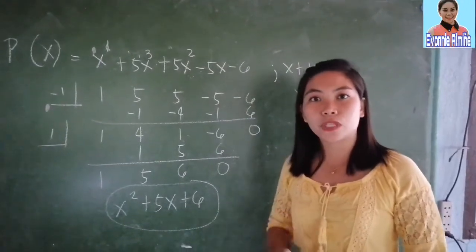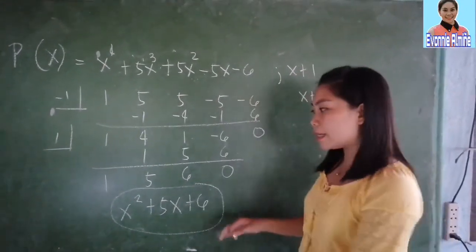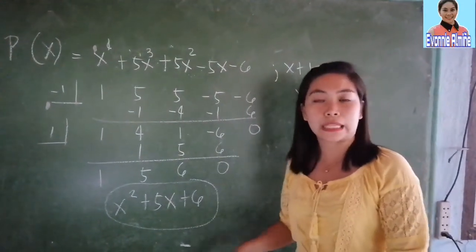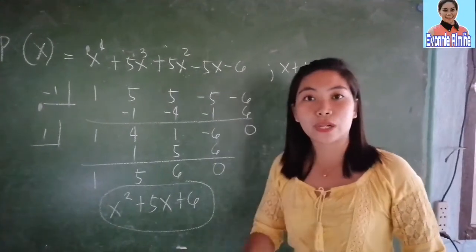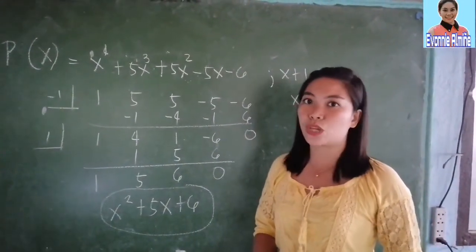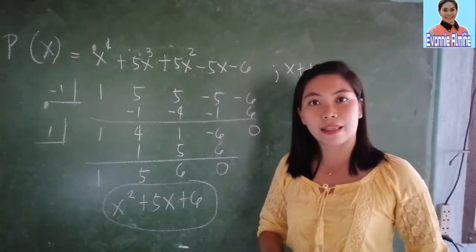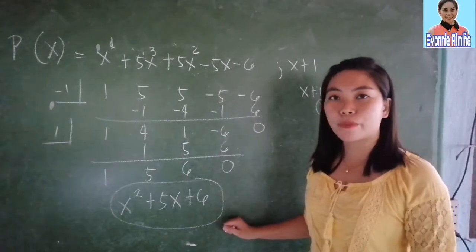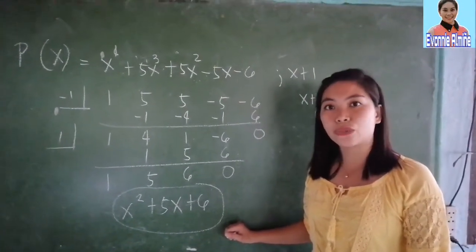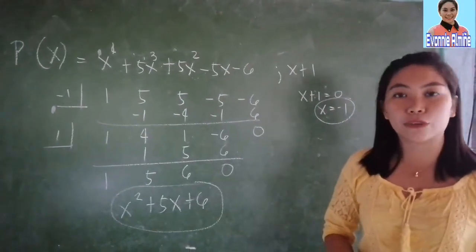Kasi meron pong mga quadratic equation na hindi siya factorable. So, mas maganda lang po kung yung quadratic equation natin ay factorable. Paano po kung hindi? So, mas mahihirapan po yung mga estudyante maghanap ng iba pang factors. That is why I advise them to use the quadratic formula in finding the roots, the factors, or the zeros of a quadratic equation. Now, let us apply the quadratic formula.